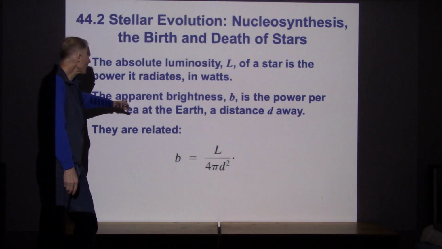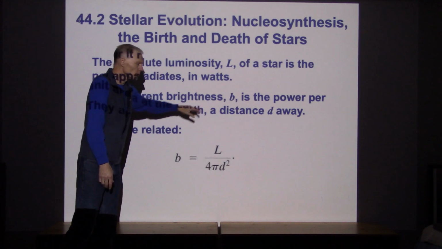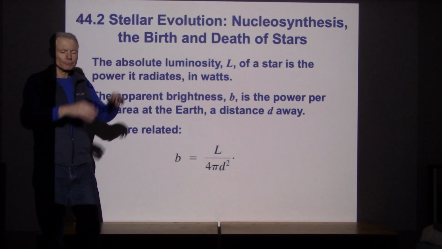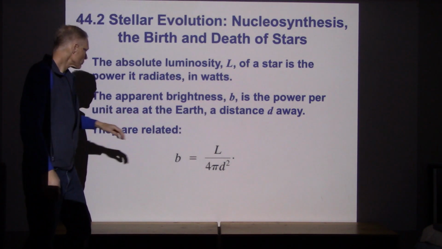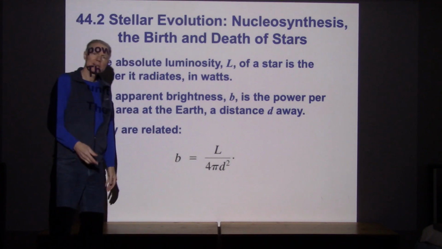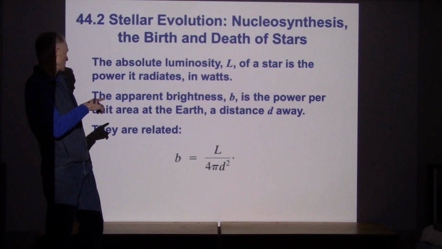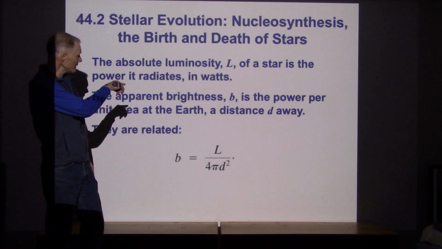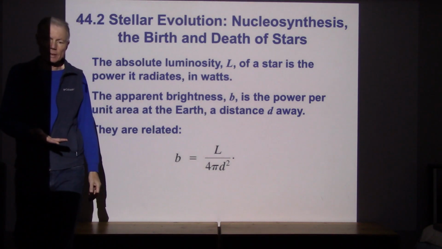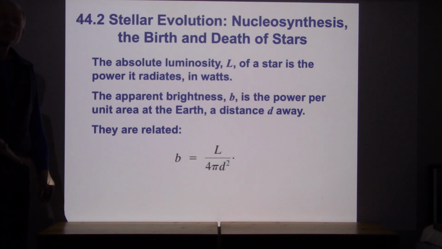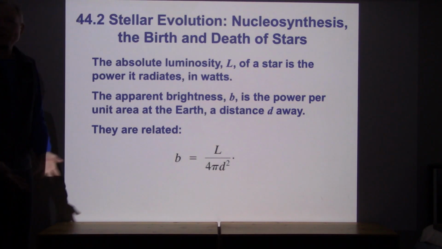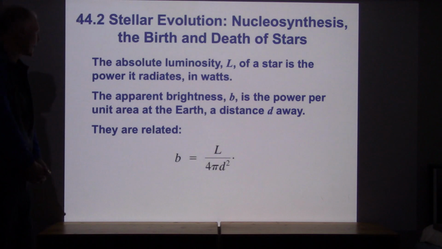Now, what they're calling here the apparent brightness. The brightness of a star, viewed from Earth, is the intensity. So brightness is what we've been calling intensity. Luminosity is what we've been calling power. So astrophysics has their own name.